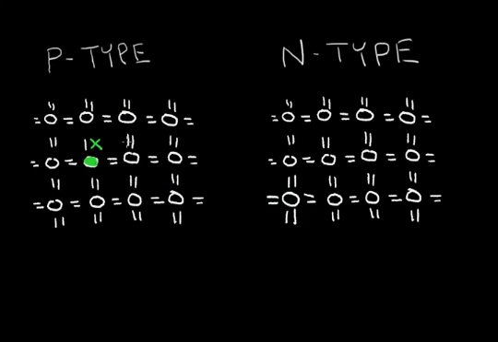For example, this electron can move over to this slot. And when that happens, this hole will go away. The electron will jump over here, this electron goes away, and the hole moves over to this location.